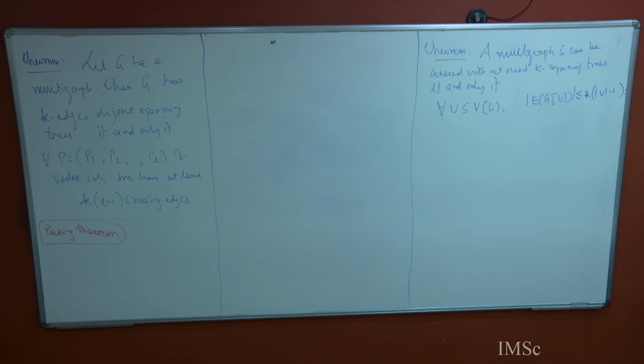Because look, start with a forest. That also satisfies this condition, right? But then k will be 0, there is no spanning tree. So for every forest you can do, what are you covering with? What's the object?